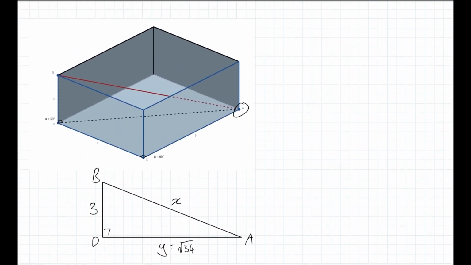All right, now that we know that that value Y from A to D is the square root of 34, we can now find the length of X, which is the original problem we wanted to solve.